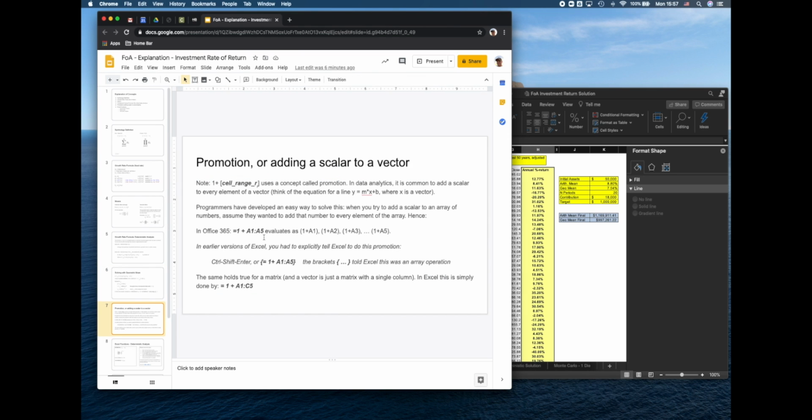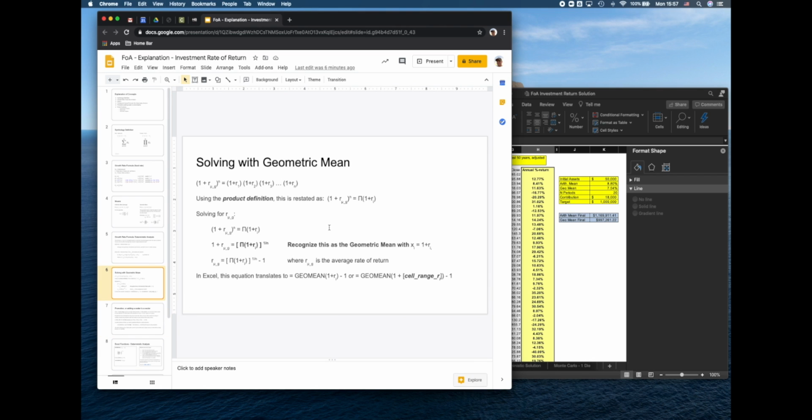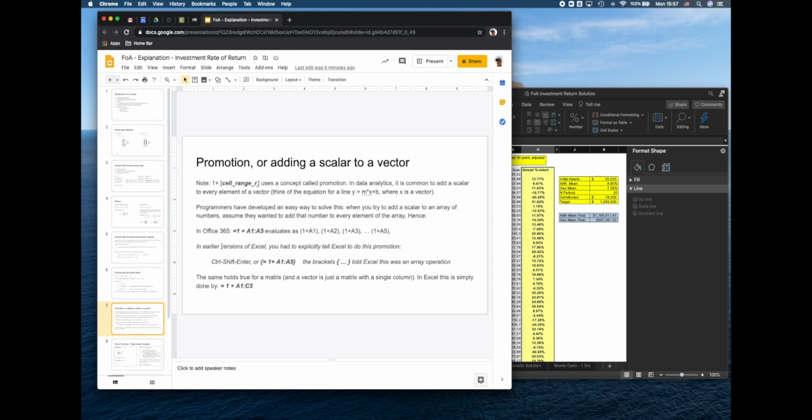Okay, so a couple other things that are important. Some of you may have noticed that, hey, we're doing 1 plus a cell range. That doesn't make sense. Don't you have to do 1 plus each of those cells? And this is a concept called promotion, or adding a scalar to a vector. Computer programmers who are doing data analytics came up with a solution for this, quite frankly, because they were lazy.